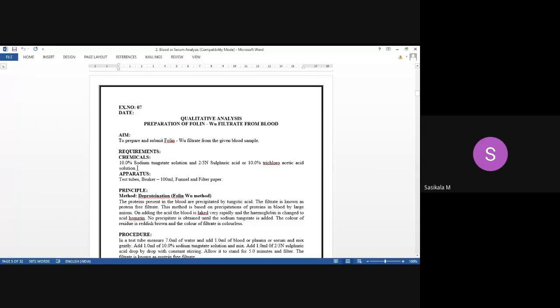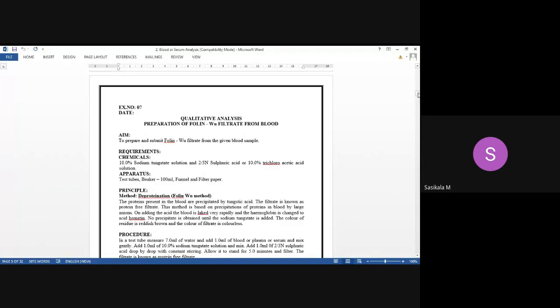Apparatus required: test tubes, a 100 ml beaker, funnel, and filter paper. In test tubes you will collect your blood sample, and in the beaker, using the funnel and filter paper, you will filter the protein-free filtrate. That filtrate is taken for quantitative estimation of the bioconstituents present in it. What bioconstituents will you analyze using the protein-free filtrate?